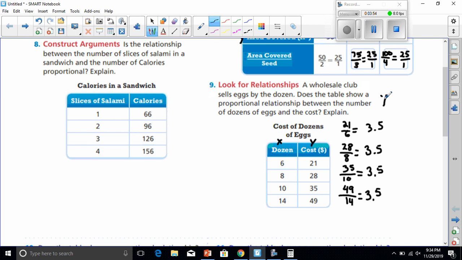Yes. Explain. All ratios of y over x are equivalent.